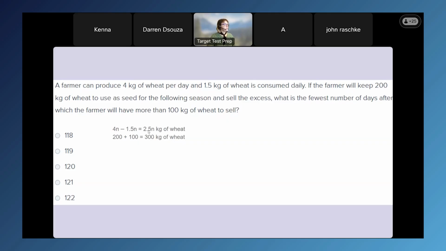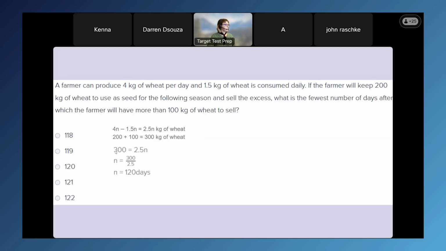So net wheat per day is going to be 2.5, which is 4 minus 1.5, the part that they consume. And then in here would just be the number of days. And then 200 plus 100, 300 kilograms is our target amount of wheat to break even with this goal of selling 100 kilograms.